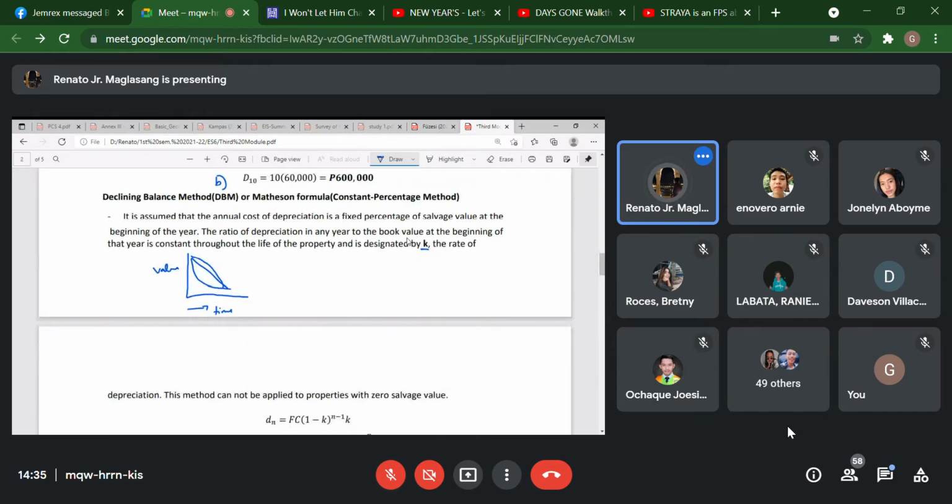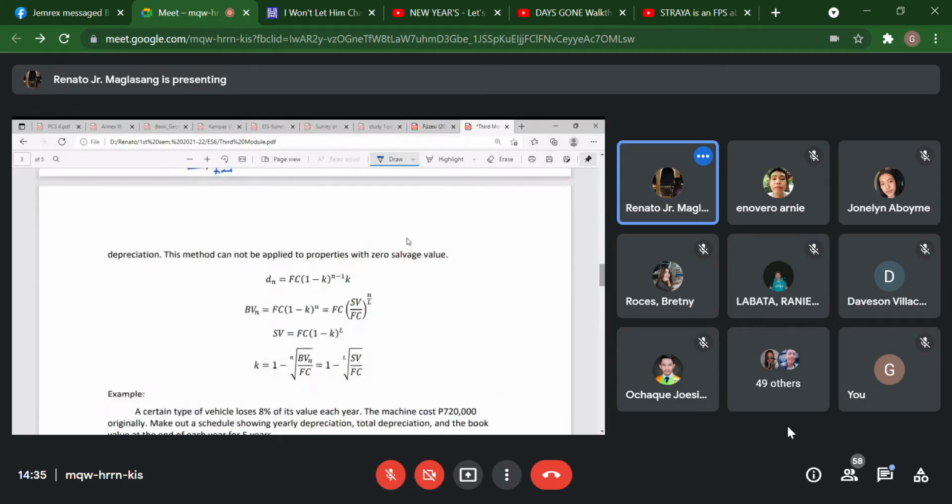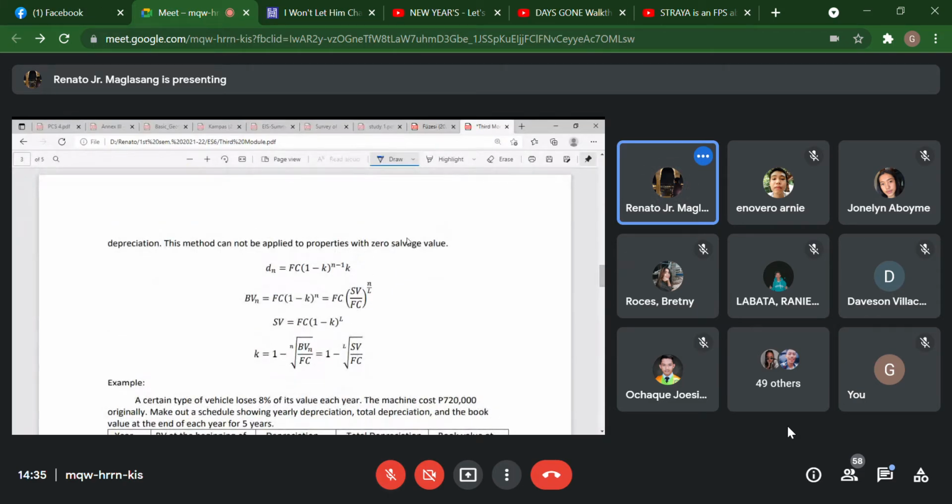So in this declining balance method, the value of the depreciation cost per year is already different every year.